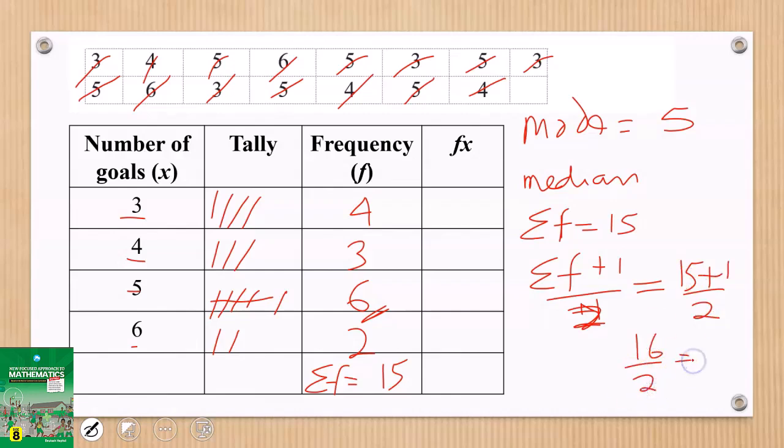So the position here is going to be the 8th position. And so for the 8th position, we start counting down from the frequency 4 until we get 8. So from 4 we add 3, we have 7. 7 plus 6, we have 13. And so the 8th position is within this set. So we move it down here, and then our median becomes 5.